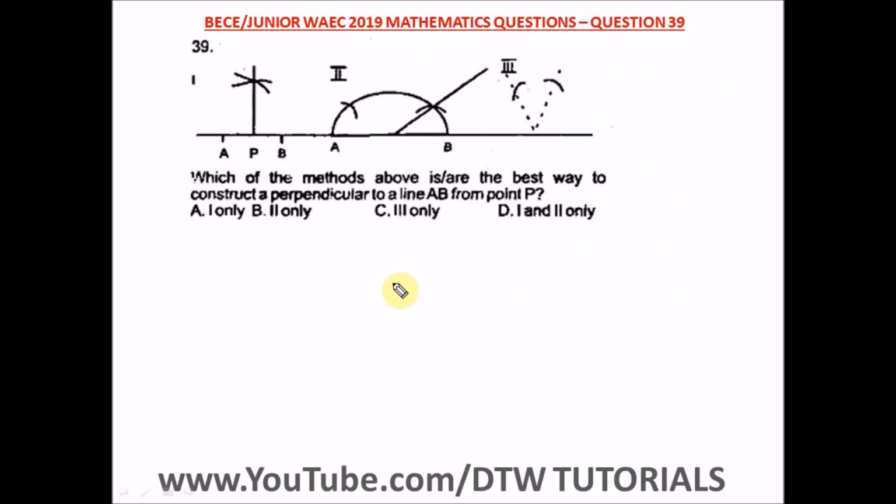Question 39 of the BECE Junior WAEC 2019 Mathematics Past Question. It says, which of the methods above is/are the best way to construct a perpendicular to a line AB from point P? So this is very easy. Remember your construction. To construct a perpendicular, which is a straight line at angle 90 degree, this is the best method.